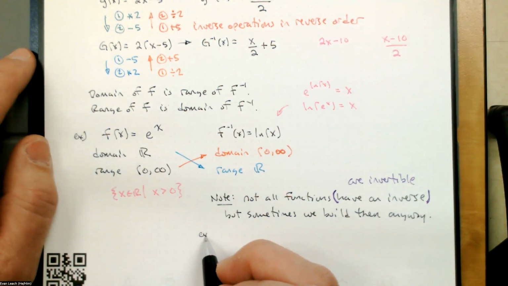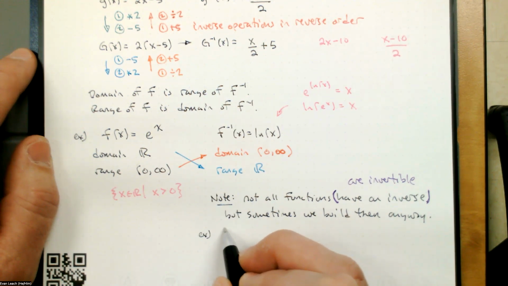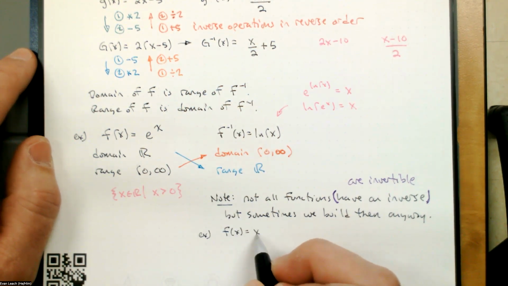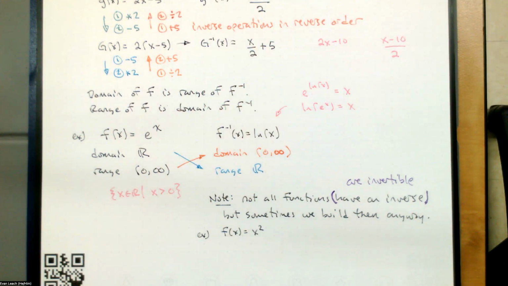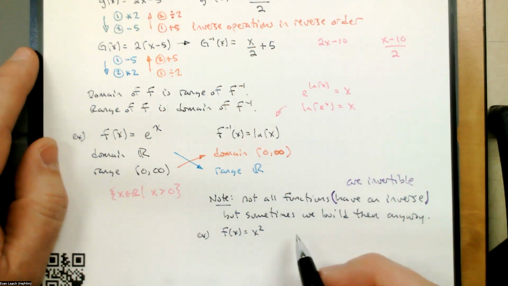So for example, x squared is not invertible. Because if I say we landed at 4, you don't know whether we came from -2 or +2. You don't know where the 4 came from. So we can kind of build a pseudo inverse.